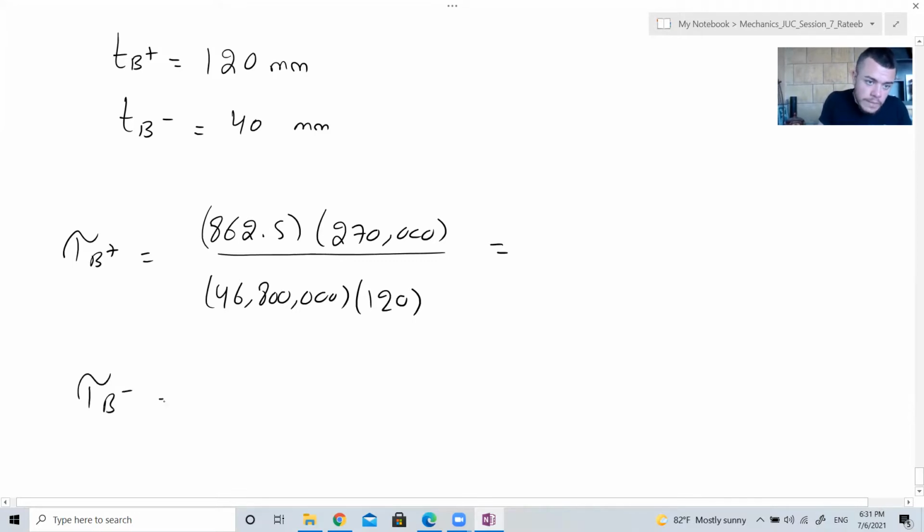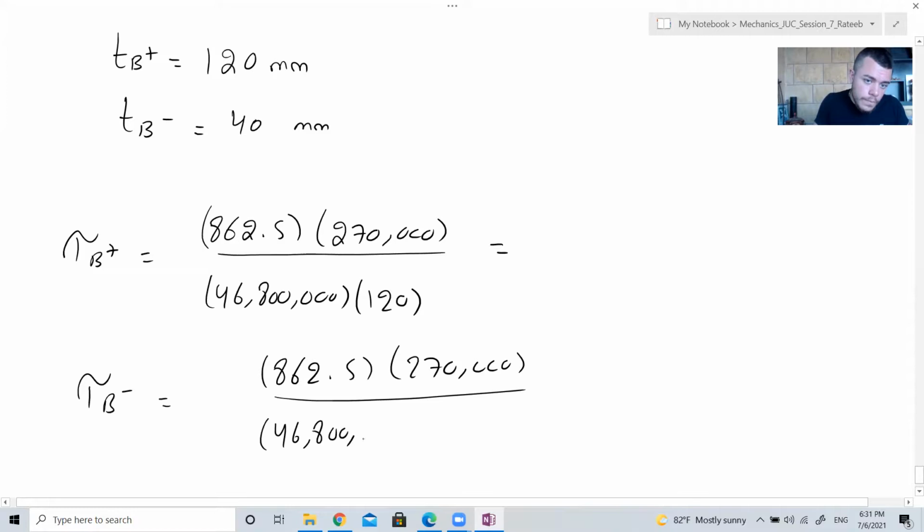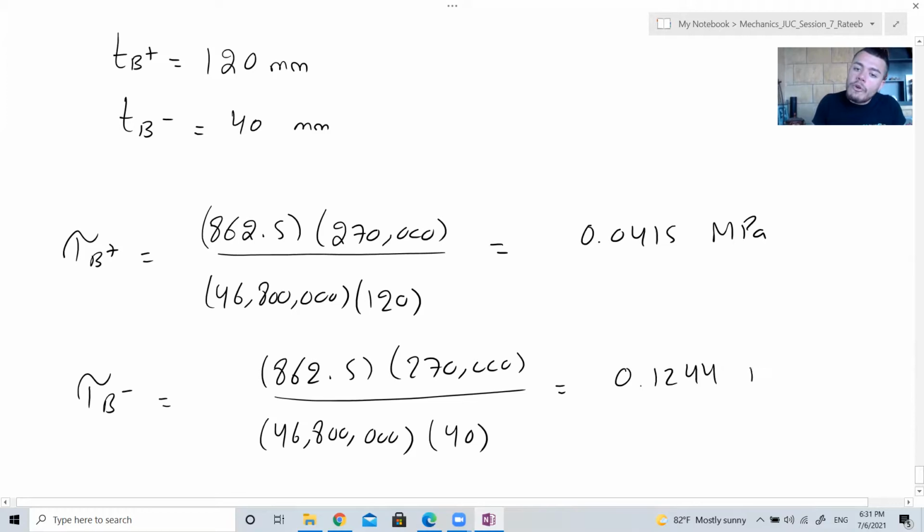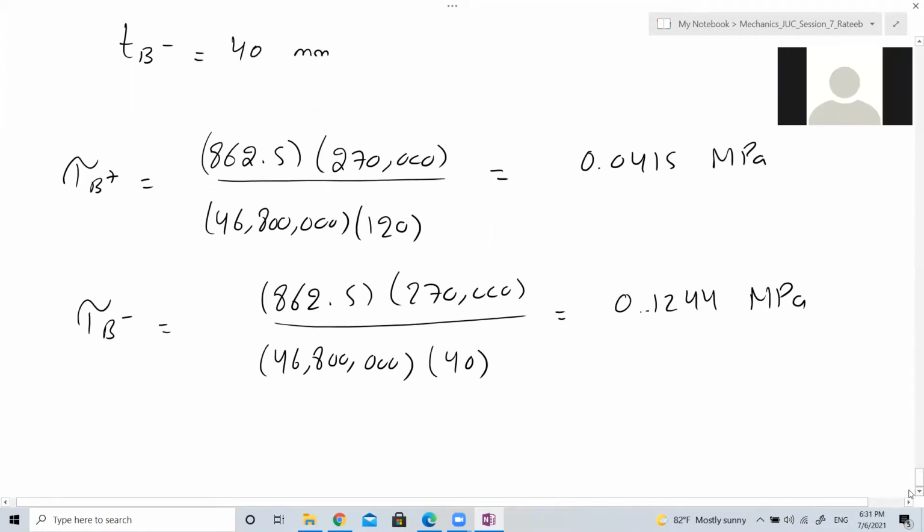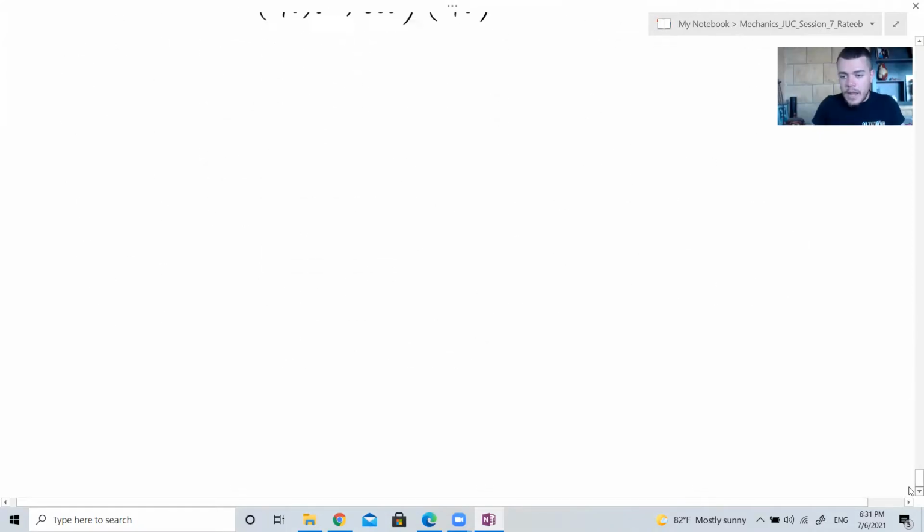The same goes for tau B minus, V times Q over I times t, but this time t is 40. So this gives 0.0415 megapascals, and this gives 0.1244 megapascals. Am I clear? Only the thickness differs.